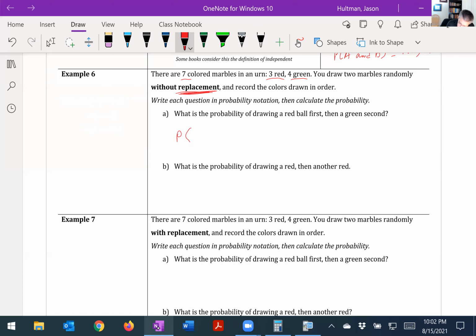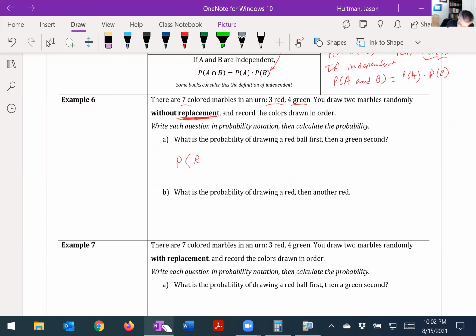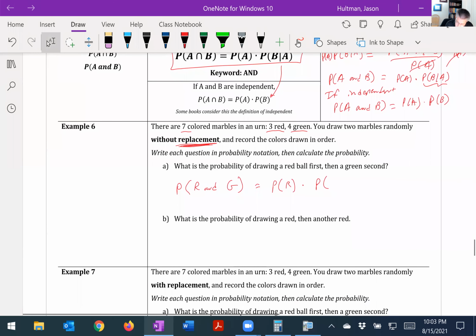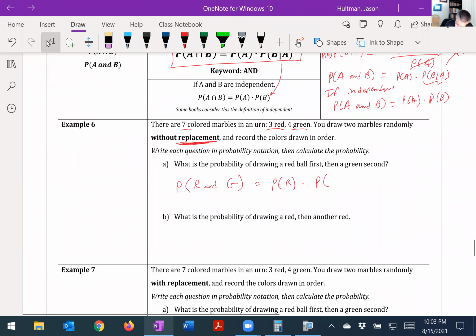So the probability of a red and then a green is equal to the probability of red times the probability of a green given that I chose the red first.